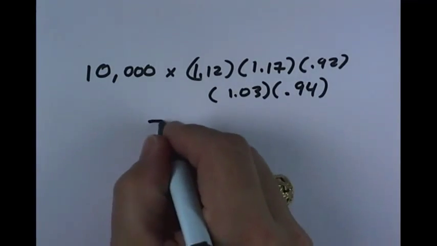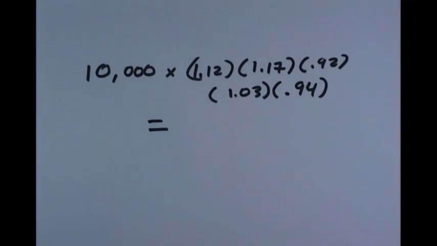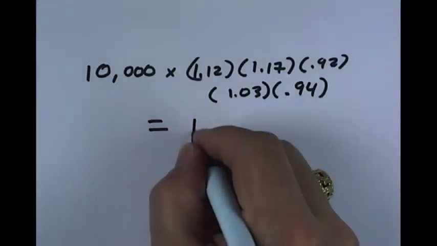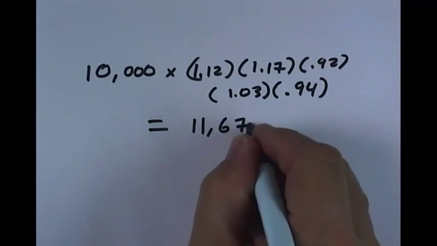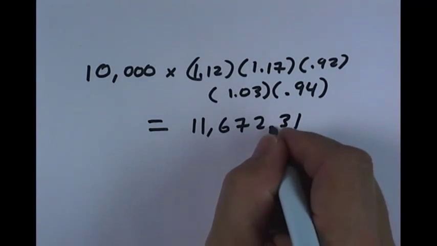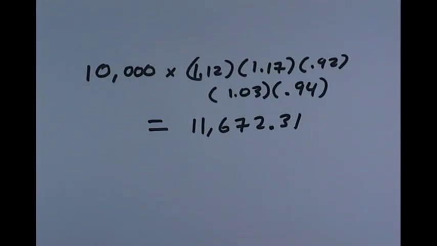For a $10,000 investment, then that would grow to $11,672.31 over that 5-year period of time.